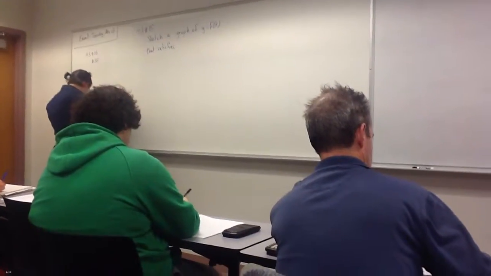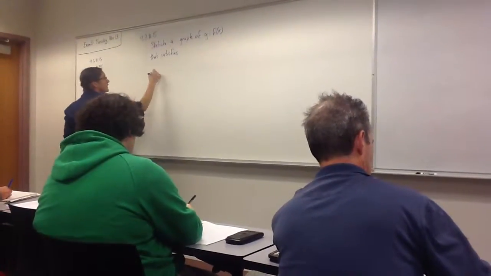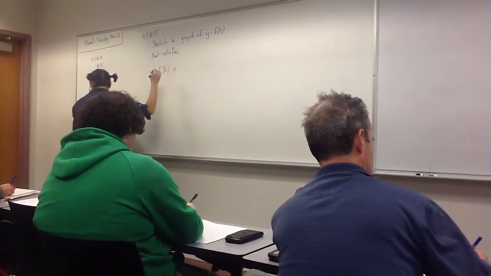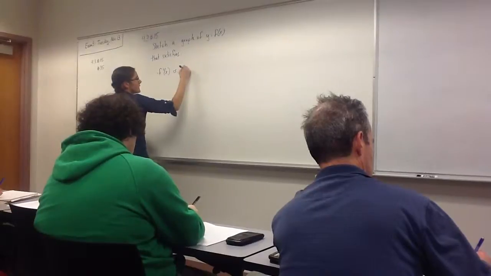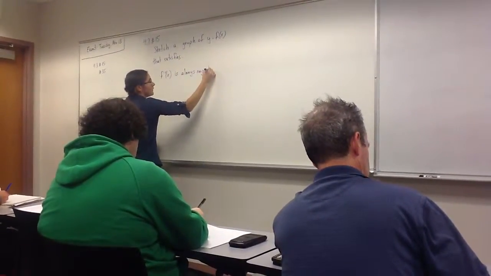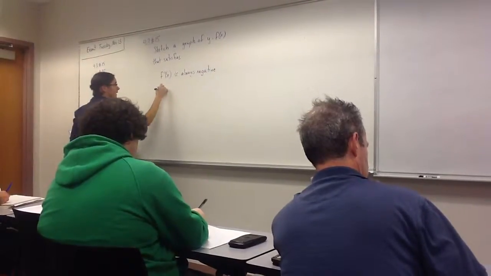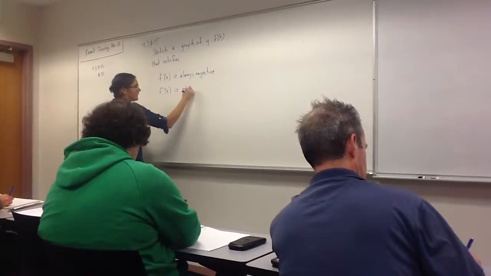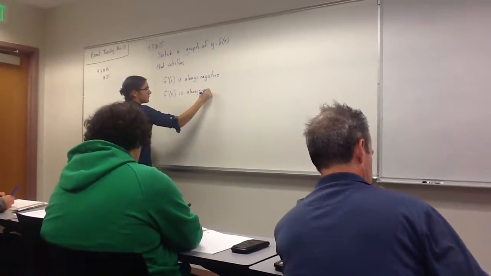Following conditions. And the conditions are that f prime of x is always negative. And f double prime of x is also always negative.